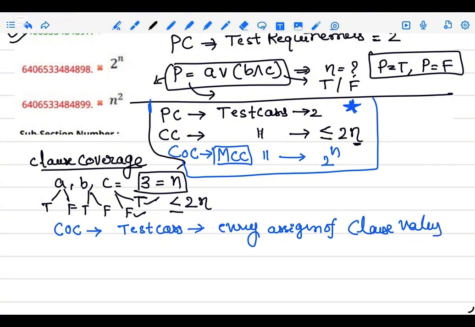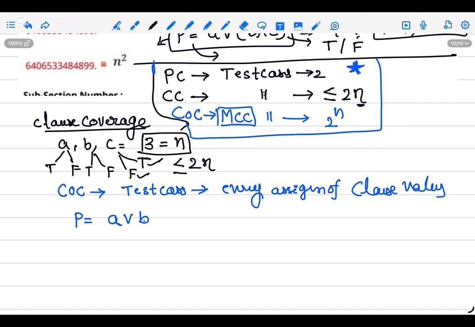For example, A or B. There are two clauses, A and B. For every assignment of clause values: A is true, B is true. A is true, B is false. A is false, B is true.